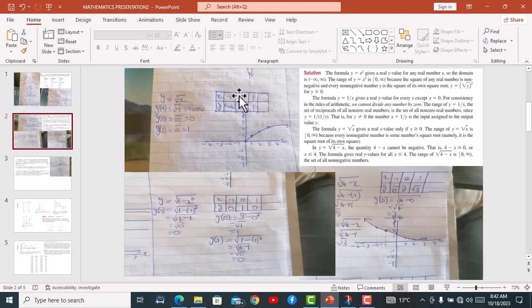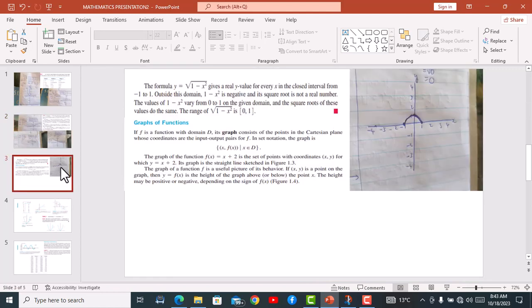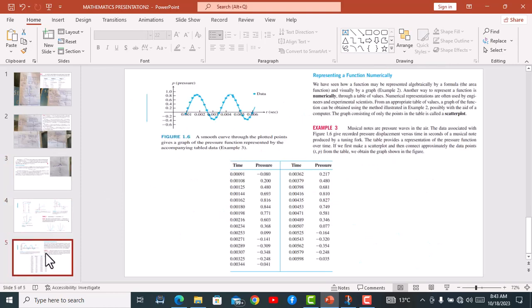And here we are representing the function in a graphical representation. The second way of representing a function, very important. So we are still dealing with representing a function in a graphical way. And then we have another way, which we said is that we can represent a function numerically.